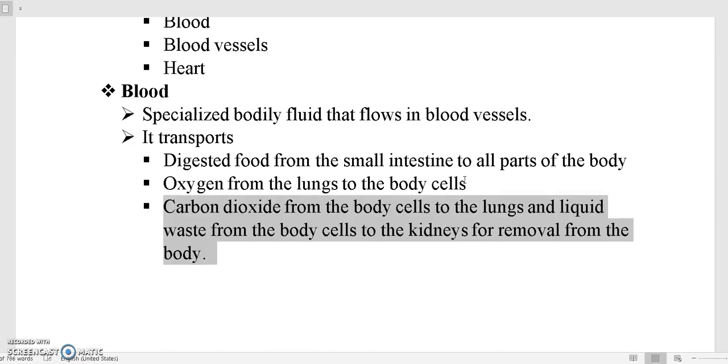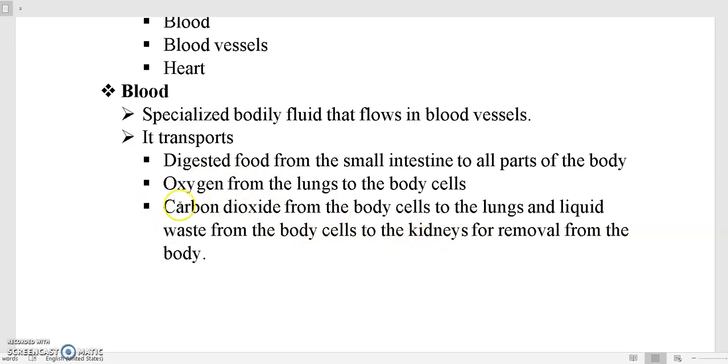The next thing, as I said, it also needs to transport waste material. And for that reason, blood transports carbon dioxide from the body cells to the lungs, and liquid waste from the body cells to the kidney.